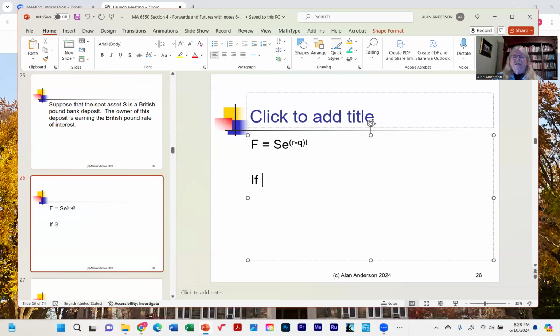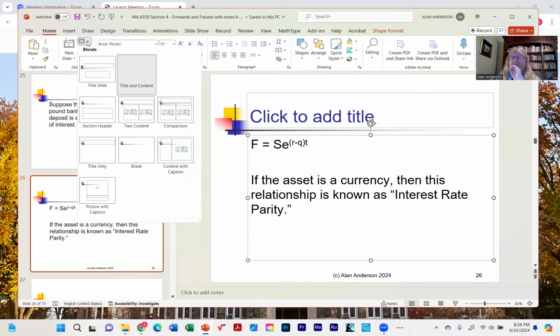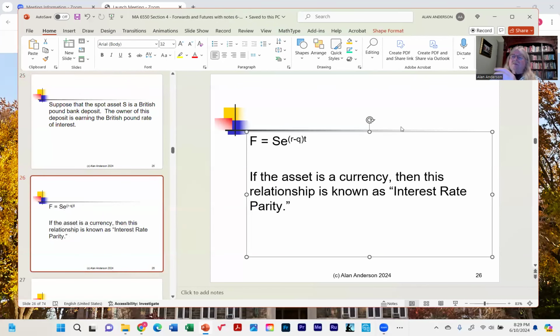If the asset S is a currency, then this relationship is known as interest rate parity. I just thought you'd find that interesting. So in other words, that's the specific case where S is a foreign currency. But it applies to all cases where the asset provides some kind of a cash flow to the owner.